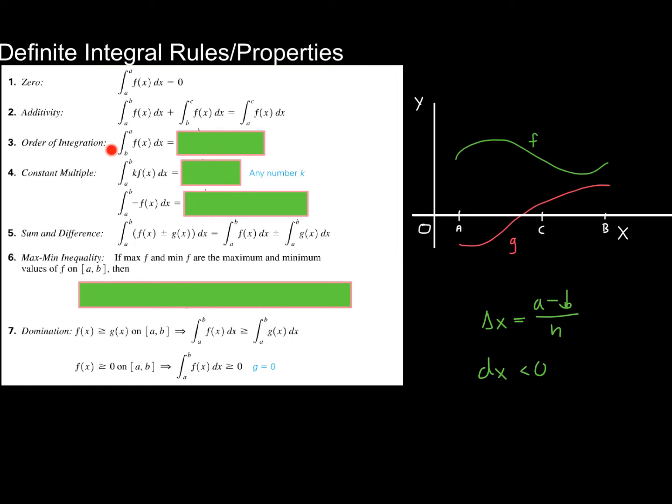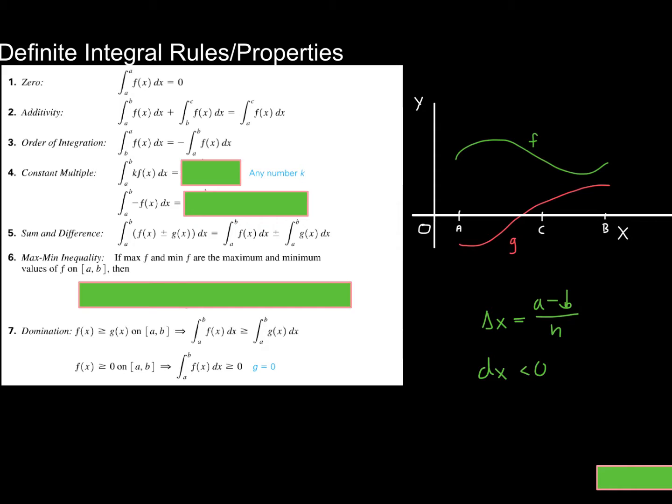And so this is, in other words, the exact opposite of going from a to b. And so that's exactly how we define it. It is going to be the opposite, or negative, the integral from a to b, which in other words just says if you switch the order of integration, then you're multiplying by a negative. This can be very, very useful.